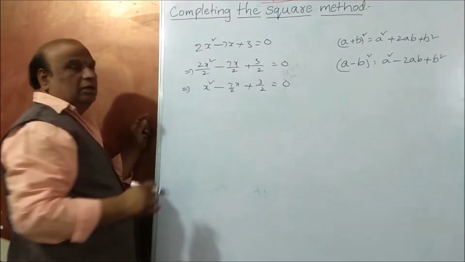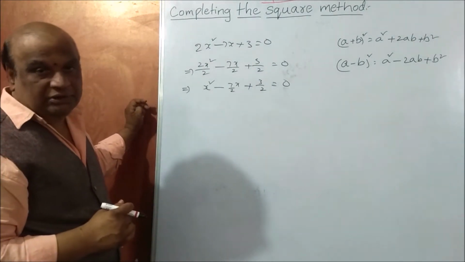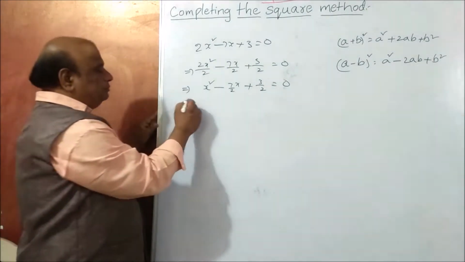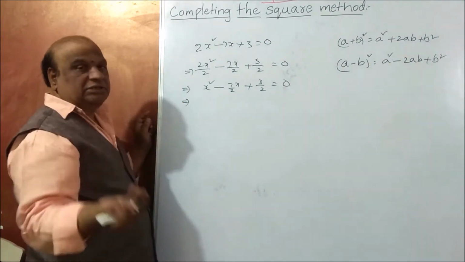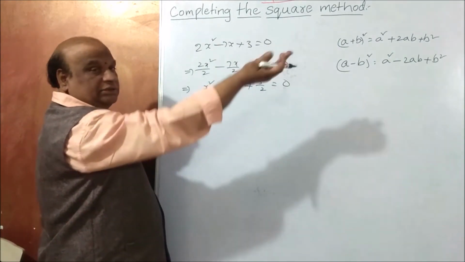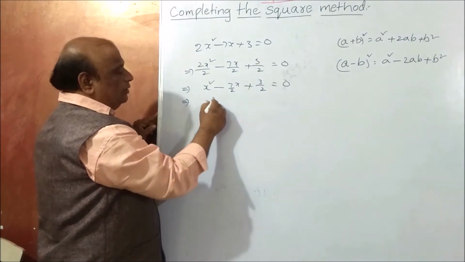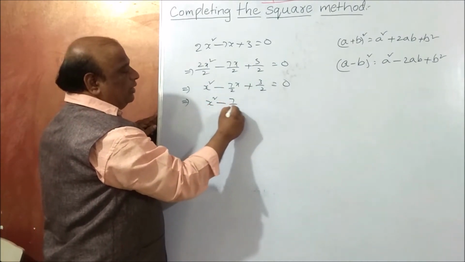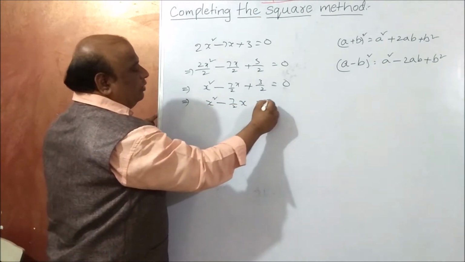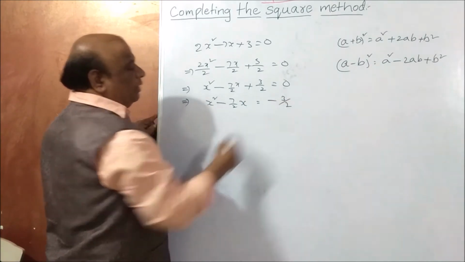Now it is a monic quadratic equation. Again, what is the next step? You send the constant to that side. X square minus 7 by 2x is equal to minus 3 by 2.